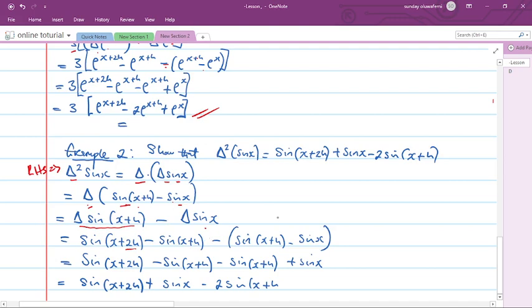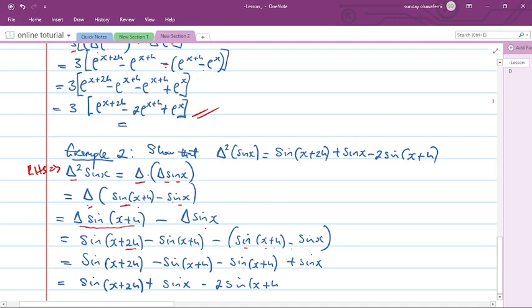The minus sign, then you also find the forward difference of sin x. So you have sin of x plus h minus sin x. So by the time you open the bracket, you have sin of x plus 2h minus sin of x plus h minus, use this to multiply this, you have this, and minus times minus, you have plus, then you have sin x.